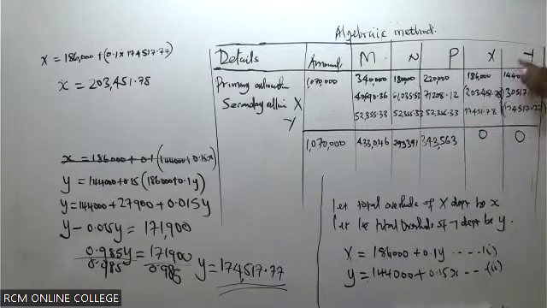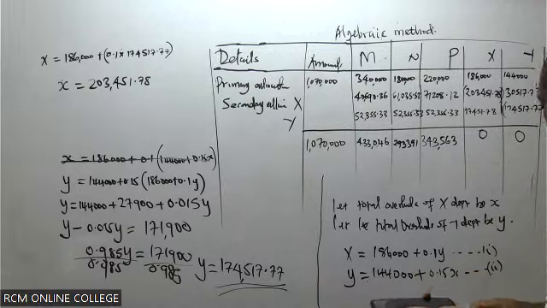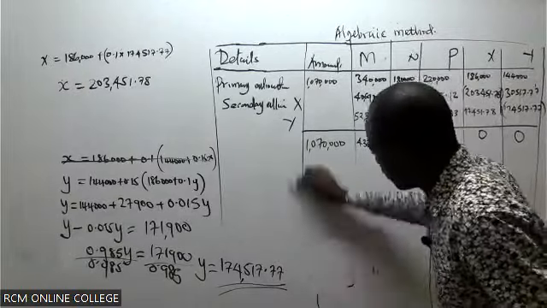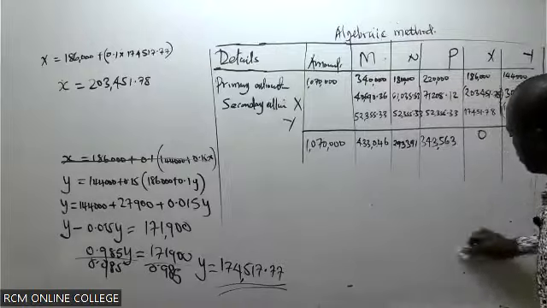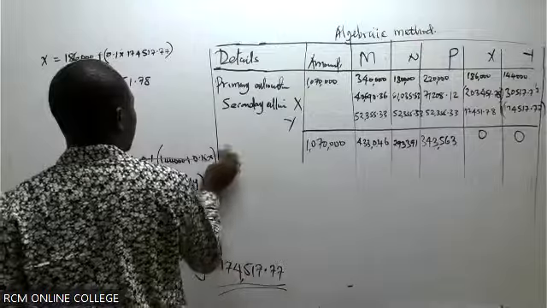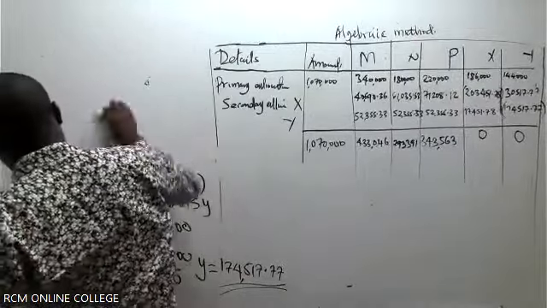For benefit of doubt, try to add these ones here and confirm if you are getting these results that I've indicated here. Try to add them and see if you'll be able to arrive at the same figure as mine.